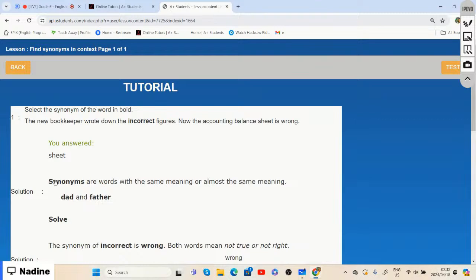Like, for example, the new bookkeeper wrote down the incorrect figures, right?